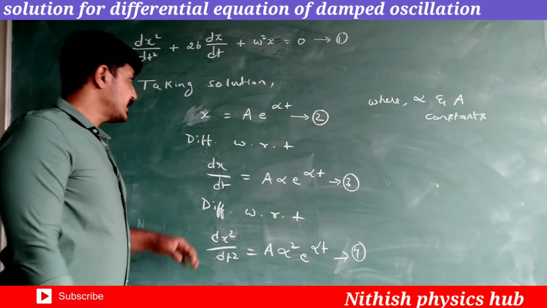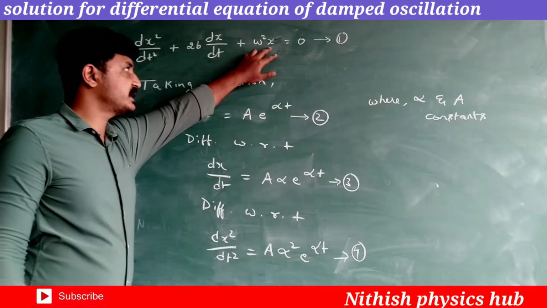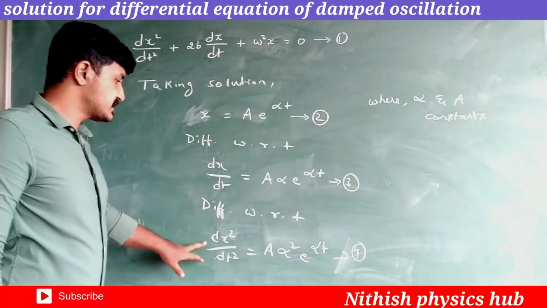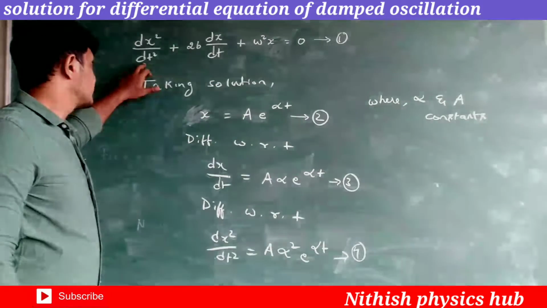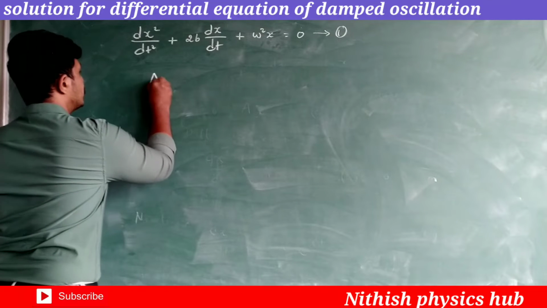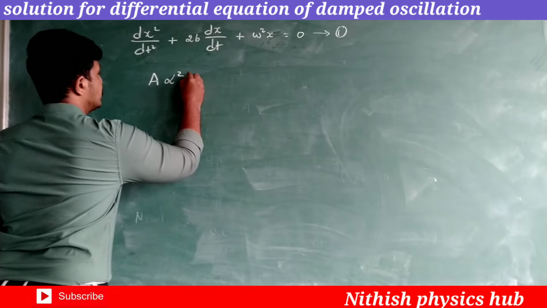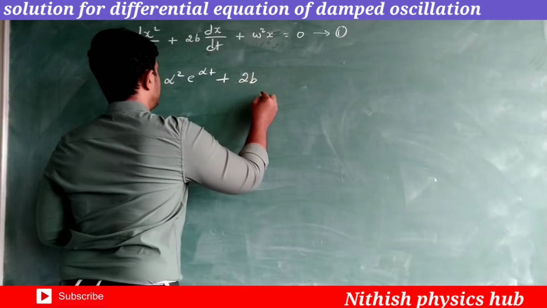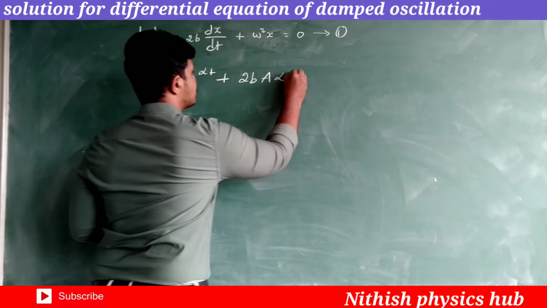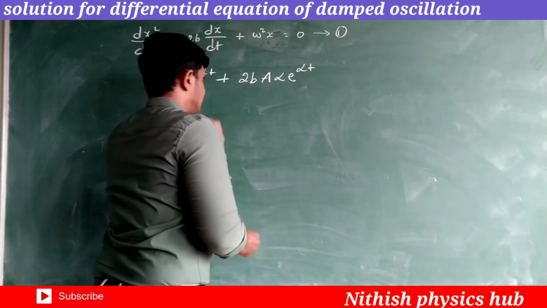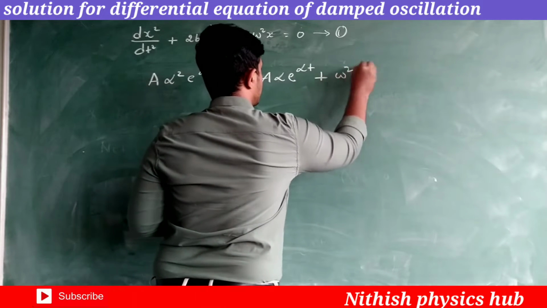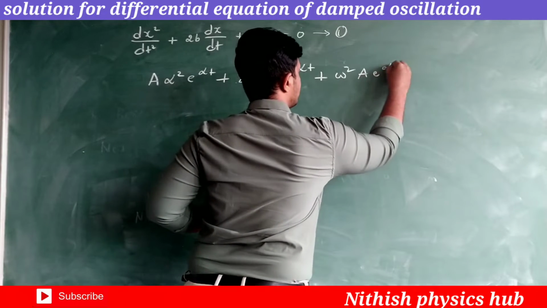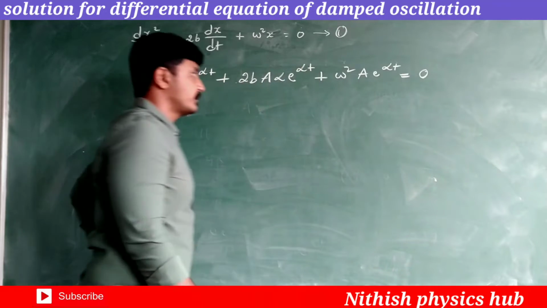Till now I have found the value of x from equation number 2, dx by dt from equation number 3, and d square x by dt square from equation number 4. Substituting, A alpha square e to the alpha t plus 2b into A alpha e to the alpha t plus omega square into A e to the alpha t is equal to 0.